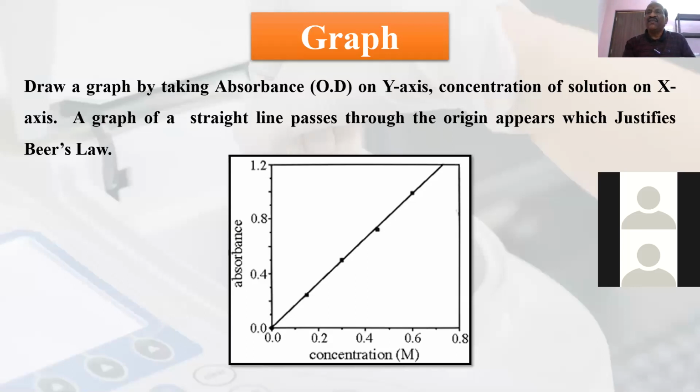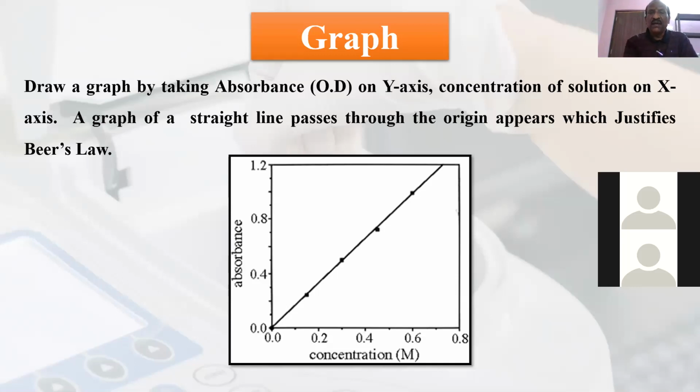So like this, first we will give the unknown solution. After completing your experiment, you will take that solution in the cuvette, put it in the slot, switch on the spectrophotometer, and then you will get the OD value. You will know the unknown solution OD value.